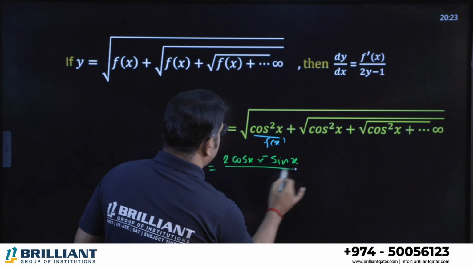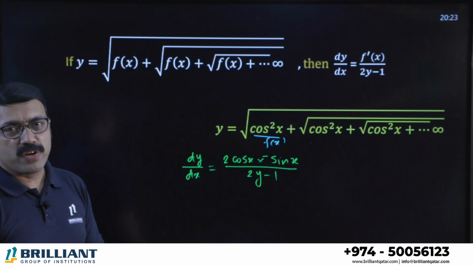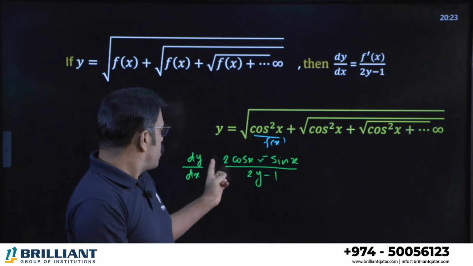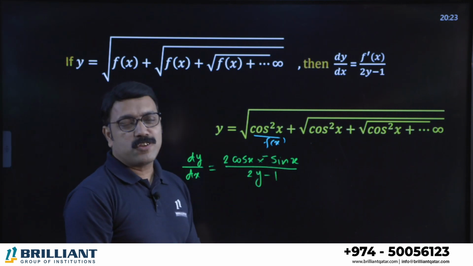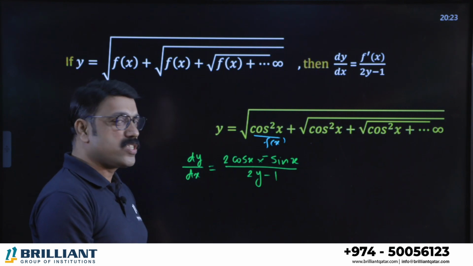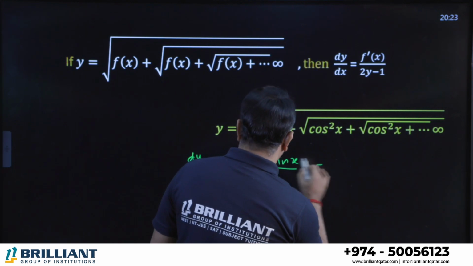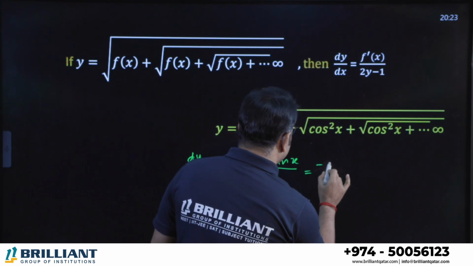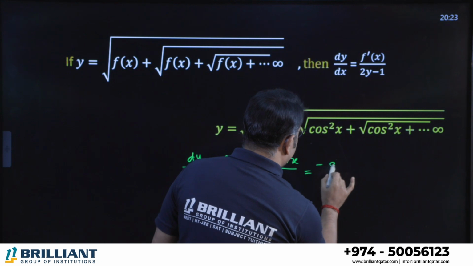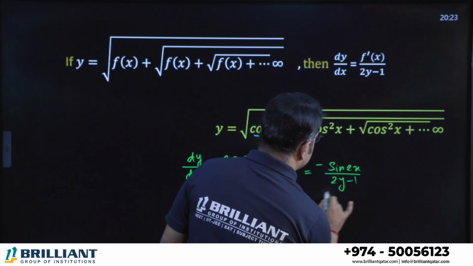Minus sin x divided by 2y minus 1. 2 cos x sin x equals 2 sin x cos x, which equals sin 2x. The minus sign is there. Minus 2 sin x cos x, so minus sin 2x divided by 2y minus 1.